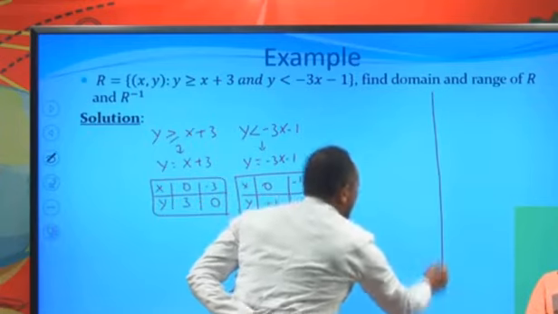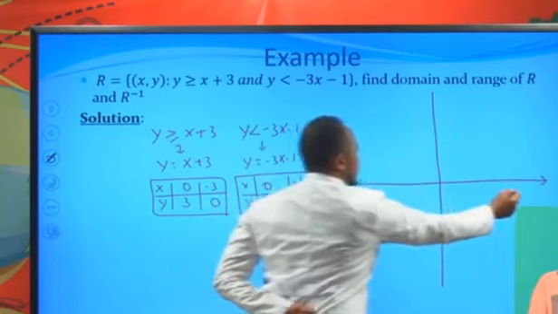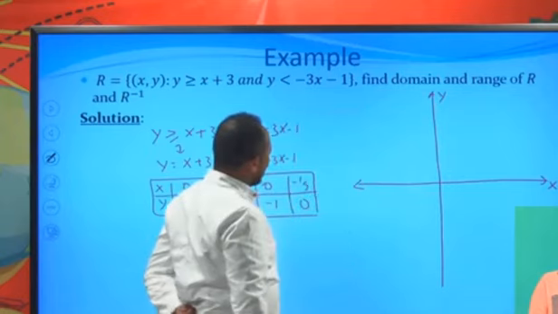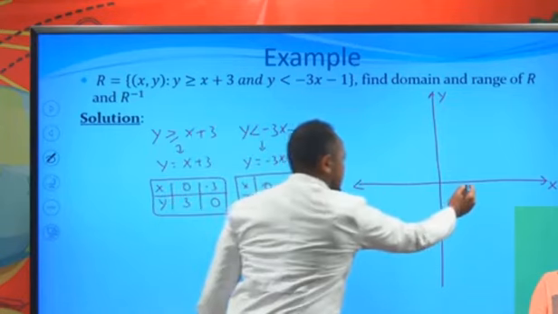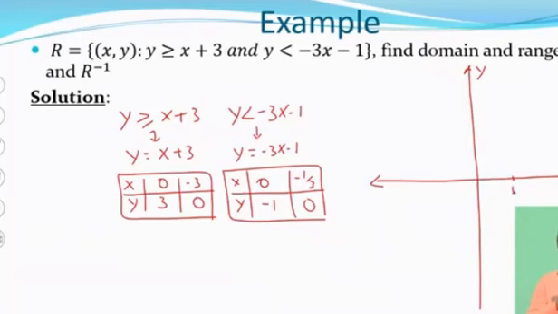So let's draw the graph here. Let's take 1, 2, and 3, negative 1, negative 2, and negative 3 on each axis.